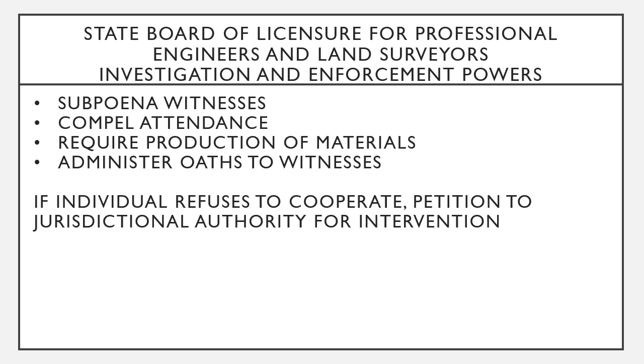If one refuses to obey the subpoena or document request, the board can seek out support and request a subpoena be made by, quote, an authority having jurisdiction, end quote. From that point on, an individual not cooperating is probably violating a judicial subpoena.